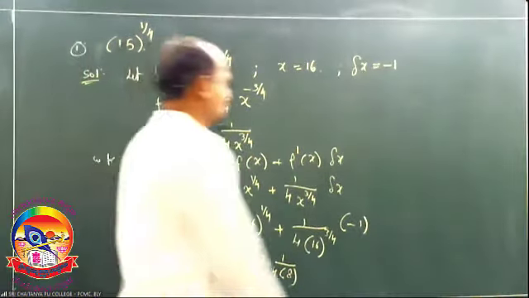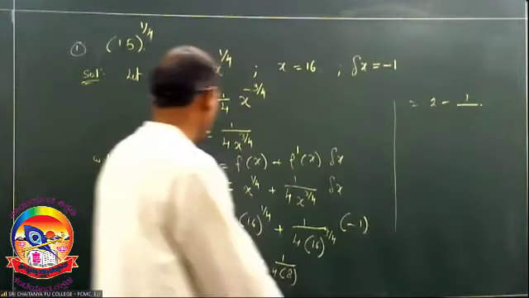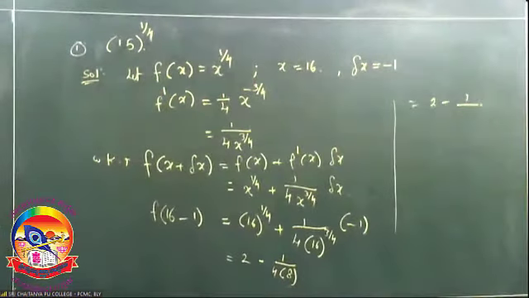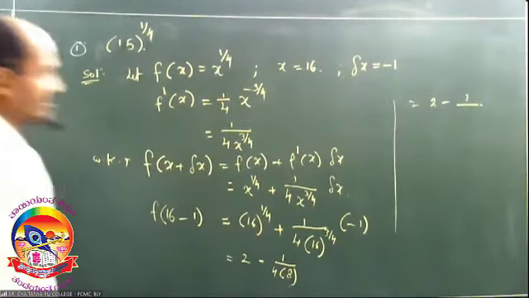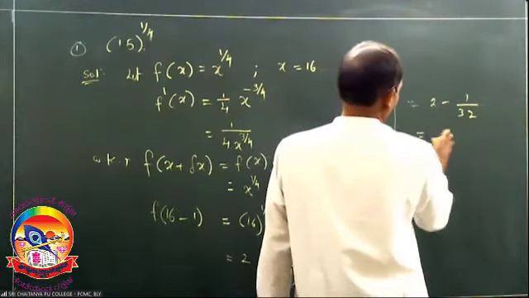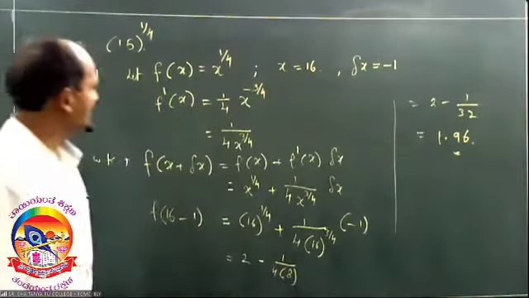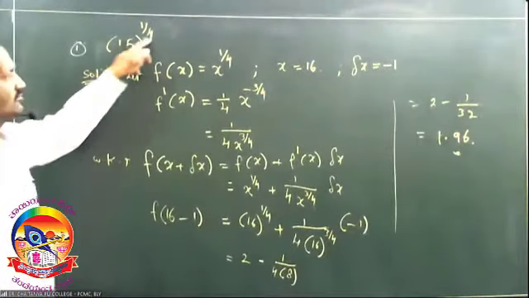Okay, it is 2 minus 1 divided by 32. 2 minus 1 divided by 32, we get 1.96 approximate value.